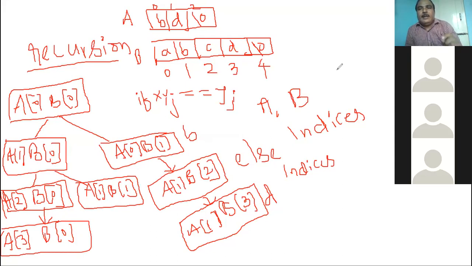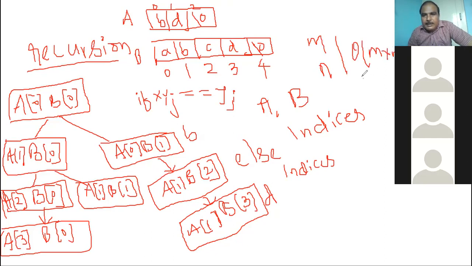I repeat once again. The recursive approach takes more time because it has to check all possible combinations. If the length of the first string is m and the length of the second string is n, the time complexity becomes big theta of m into n.